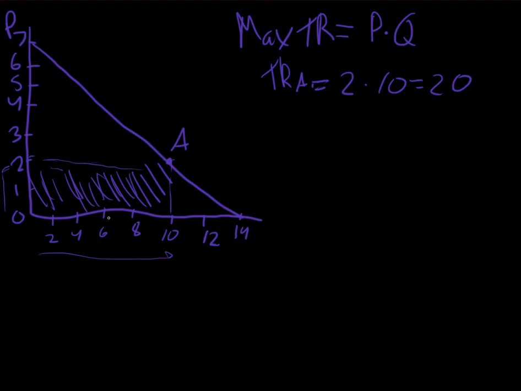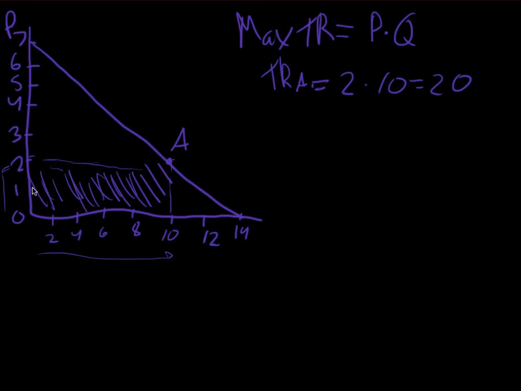So the question is, which point along this section would yield the highest total revenue? Let's ask what happens to total revenue if I'm in the inelastic portion and the price goes down. Let's say I'm in this portion and my price goes down from 2 to 1.